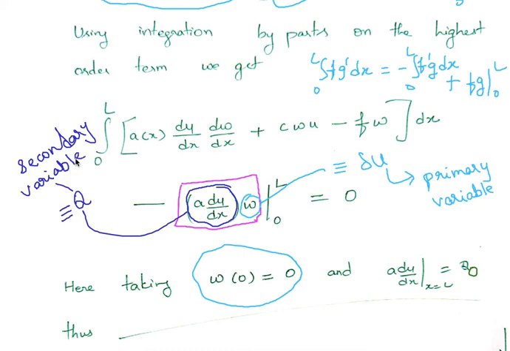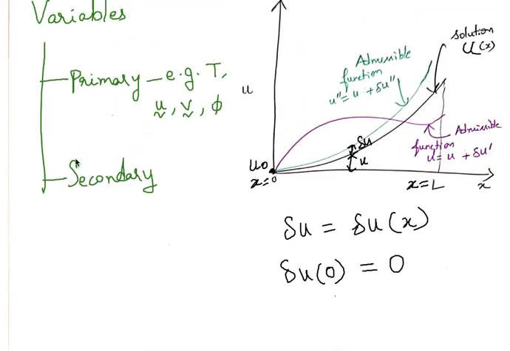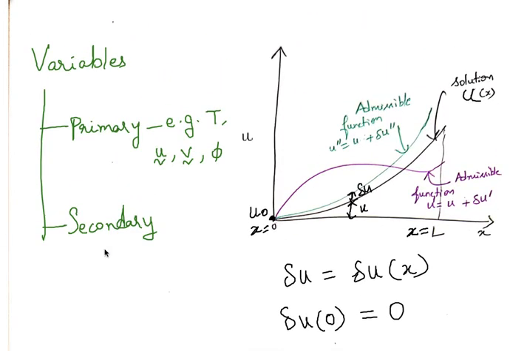So in thermal analysis, what will be the secondary variable? It will be the heat flux, more precisely the normal heat flux, Qn. In mechanics, what will it be?